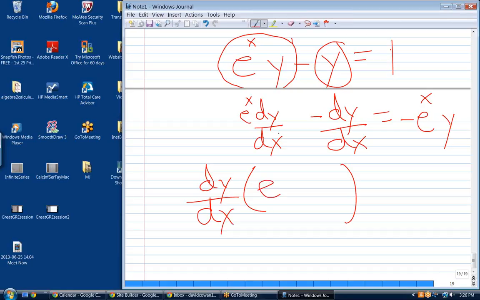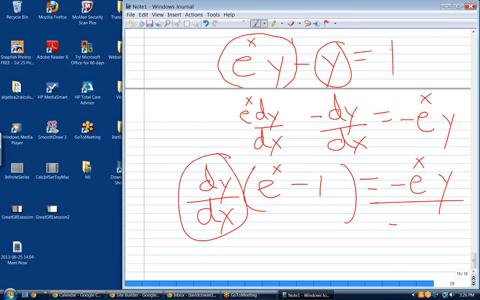What's that? So after you factor out the dy dx, what's left? E to the x, e to the x minus 1. So now that's all equal to this. So if I'm solving for dy dx, I just divide everything by that, and there's my answer.